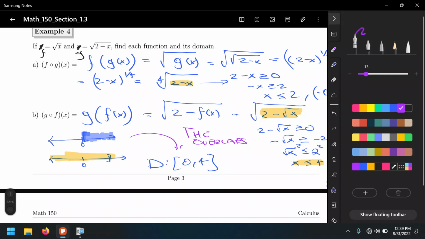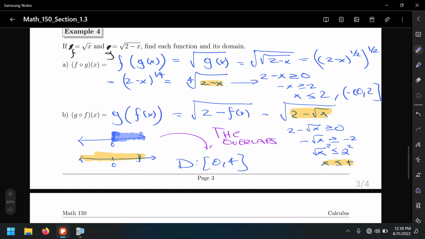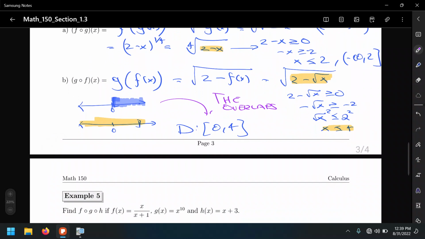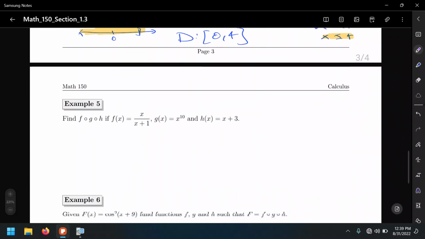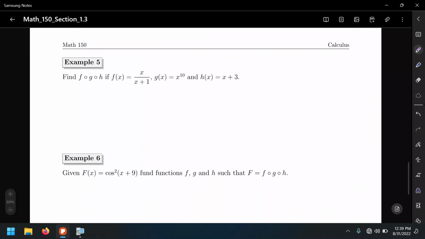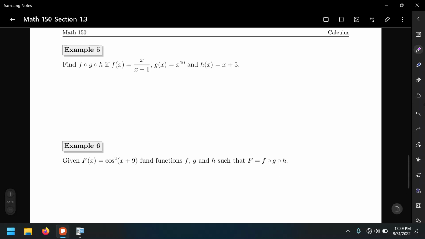Okay, what else can we do? The next topic here is performing compositions of functions. In the previous couple of examples, we did a composition of only two functions. In this case, we are going to do a composition of three functions, and this is something that we need to be sharp on, because when it comes to finding derivatives of functions using the chain rule, we need to be able to identify the different layers that a function is comprised of.